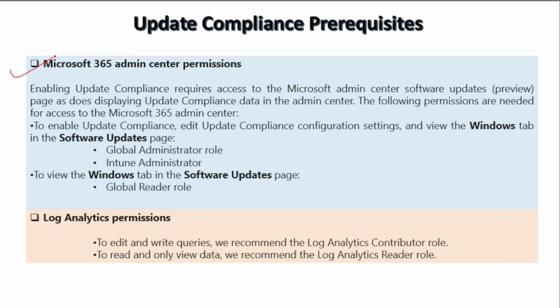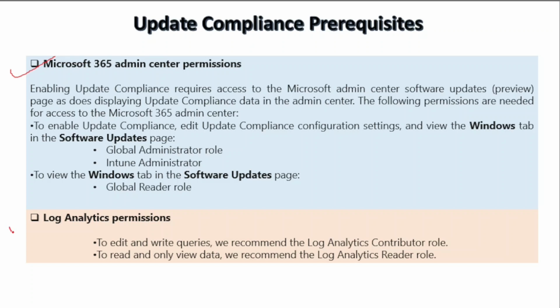The following permissions are needed for access to the Microsoft 365 Admin Center. To enable update compliance, edit update compliance configuration settings and view the Windows tab in the software update page, we should have either the global administrator role or Intune administrator role assigned. And to view the update tab in the software update page, we should have a global reader role.